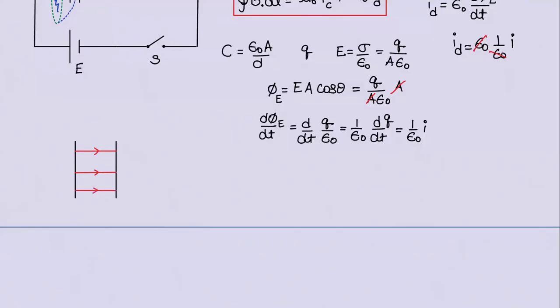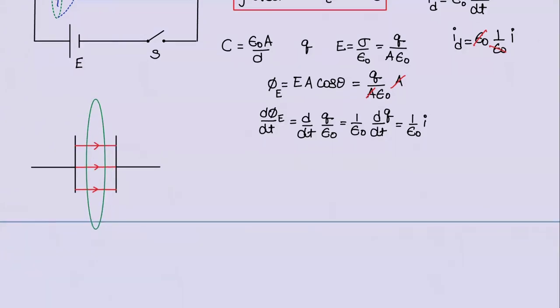Now, if you observe closely, if I make an Amperian loop here, there is no current passing through, but displacement current is there. If you study a little bit deeper about displacement current, you will understand this logic.